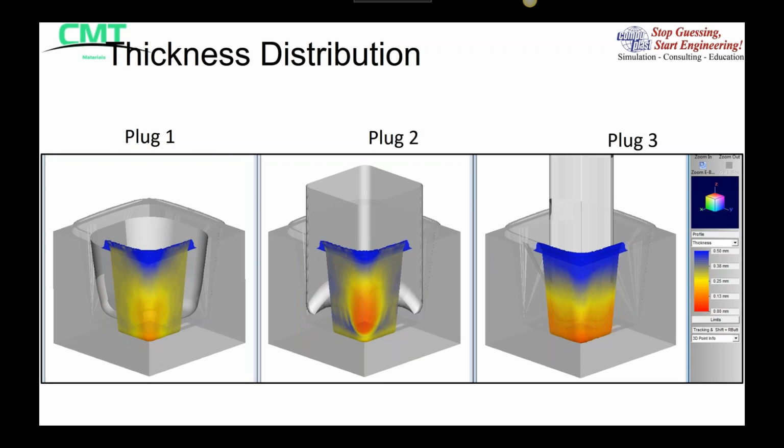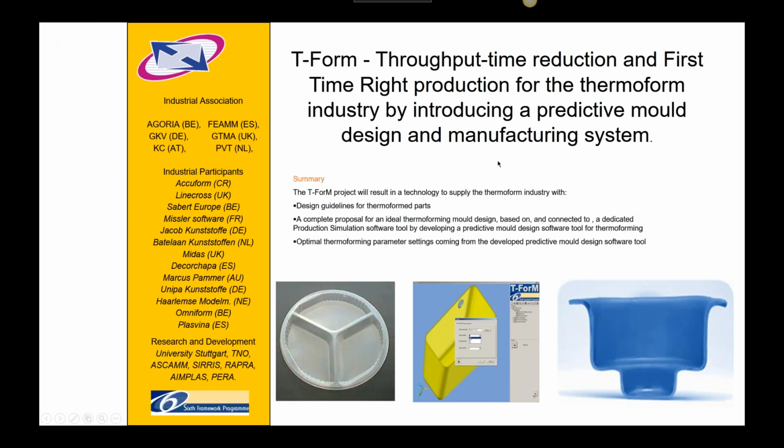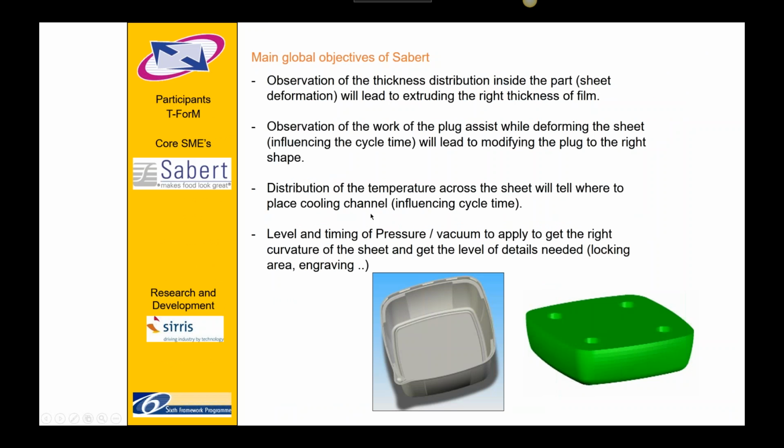The final case study here deals with part quality improvement and cost reduction. It was part of a European project for optimizing the thermoforming process and the mold manufacturing. There were many people involved in this, and one of the lead companies was Accuform, the developer of the TSIM thermoforming simulation software.